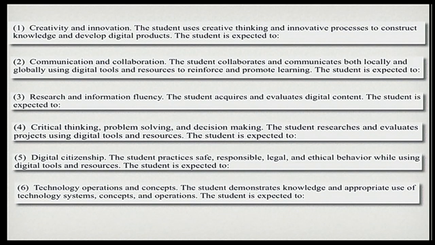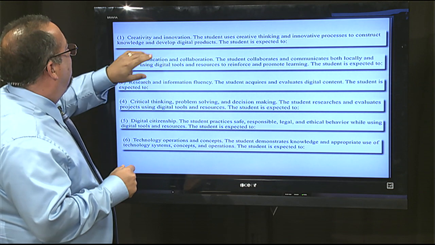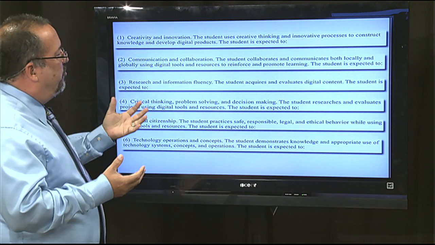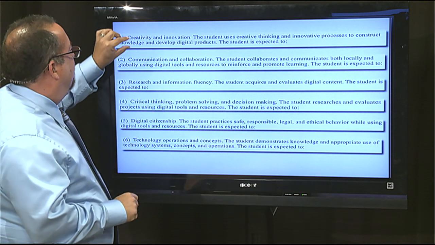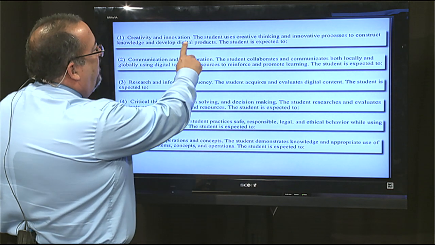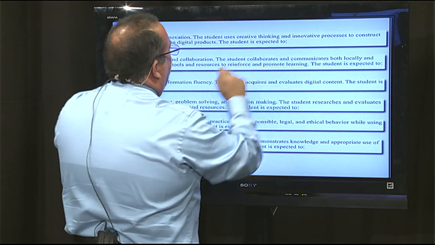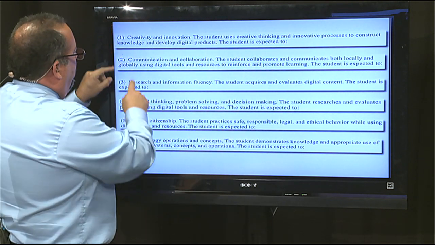So let's look at some of these just so you can see that they're all exactly the same. I want to point out over here on this camera that these are all for grades 3 through 5. These are not the student expectations, but the knowledge and skills statements. So we have creativity and innovation. Notice that it says the student uses creative, so we have this introduction that explains the knowledge and skills statement, and then they always end with the student is expected to.